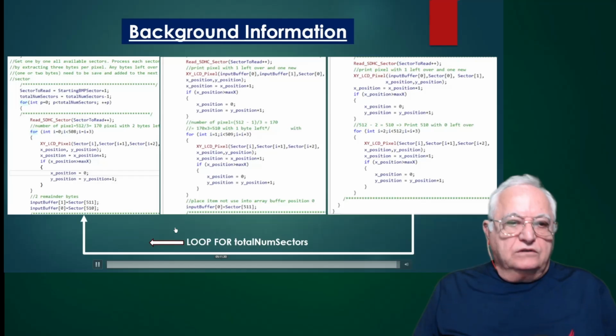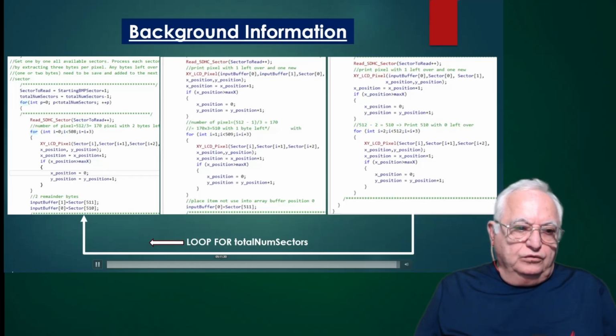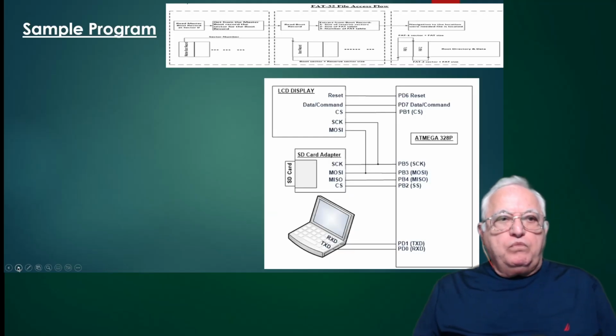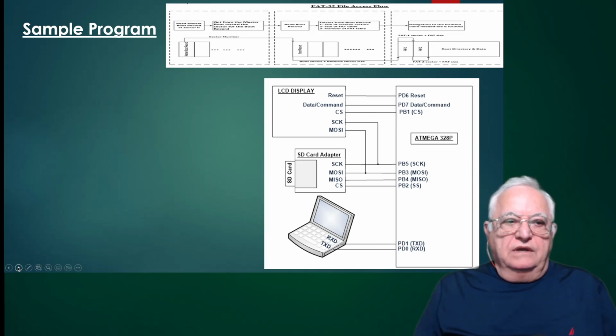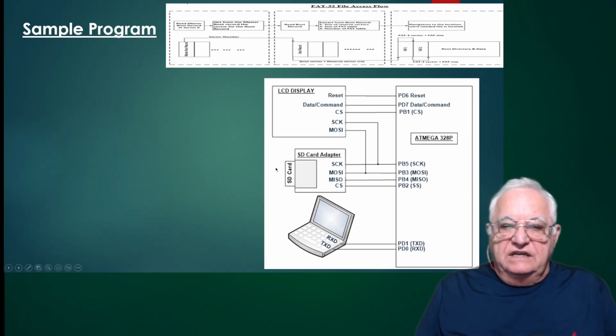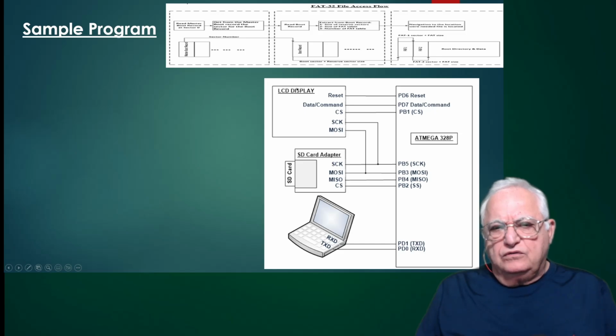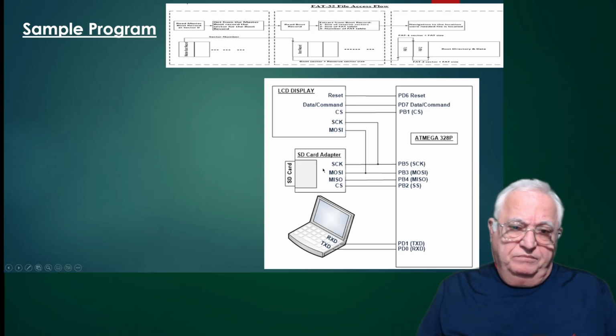Okay, so now what we're going to do is go through a sample program where we put everything together. This is the schematic of how we are going to wire our system. Basically, as we had before, we have the LCD and the card adapter.